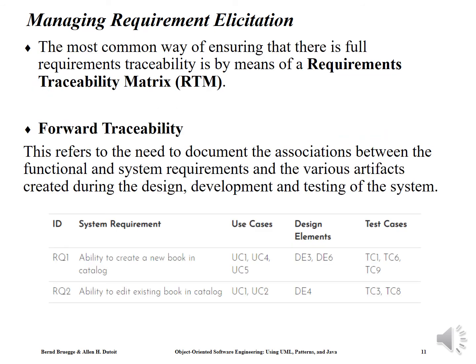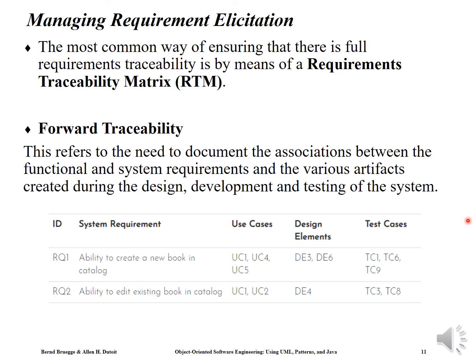The most common way of ensuring that there is full requirement traceability is by using requirement traceability metrics. There are various kinds of requirement traceability metrics. One is forward traceability. This refers to the need to document the associations between the functional and system requirements and the various artifacts created during the design, development, and testing of the system.